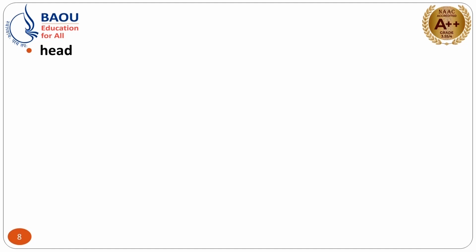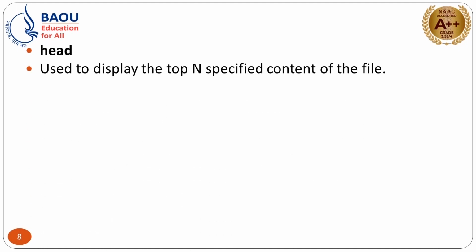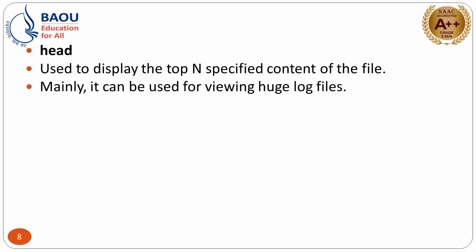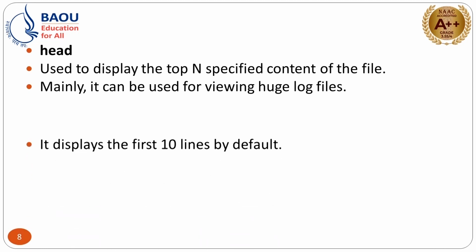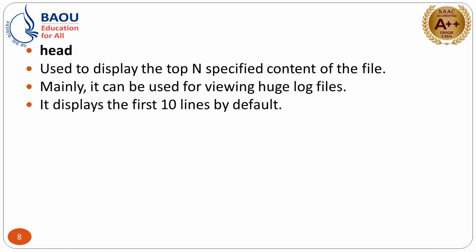Next is the head command. Basically you want to display a few lines. By default this command displays the first 10 lines, but if you want to display from the top of a file, or you want to display the top contents of any file, in that case you use this head command. The syntax is head, then option, and then the file.